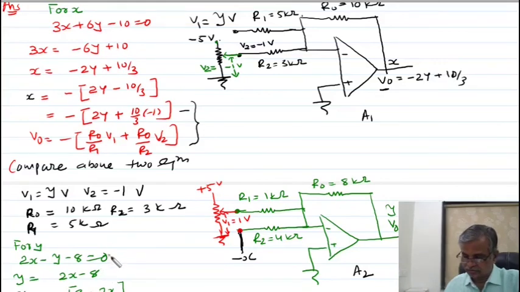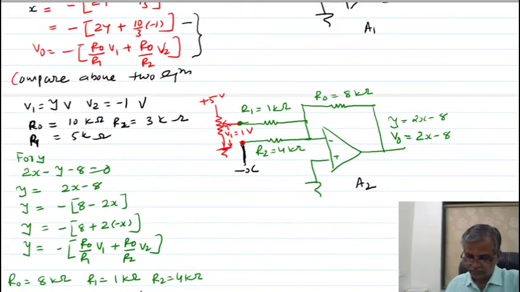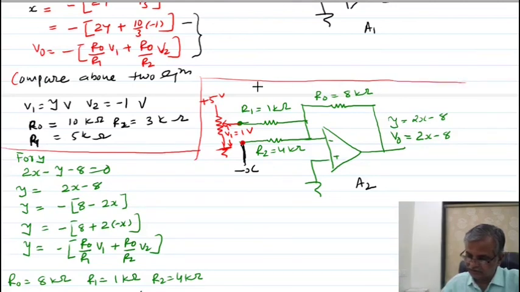This is the circuit diagram for Y. For Y, I get the equation from this equation, and by comparing with the standard one, I will get R0, R1, R2, V1, V2.